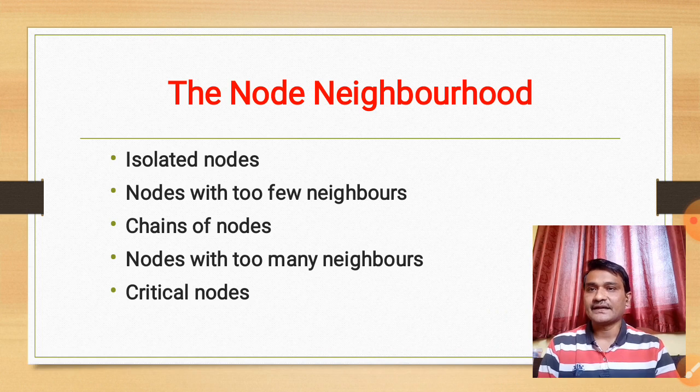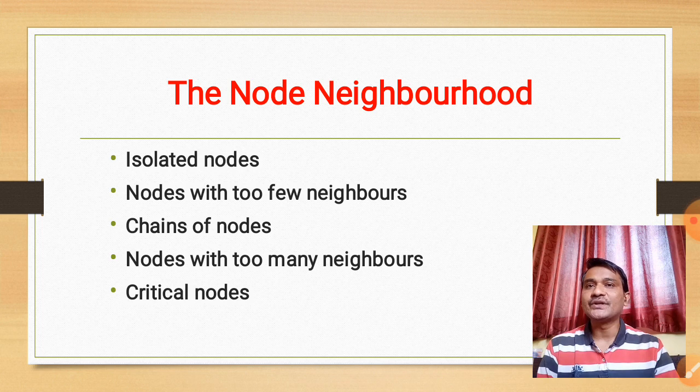Now let us look at the problem of the node neighborhood. In terms of the network topology and the neighborhood properties, since the network is relatively dense and distances short, problems should not be expected.